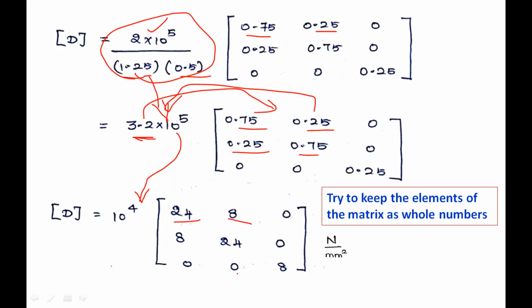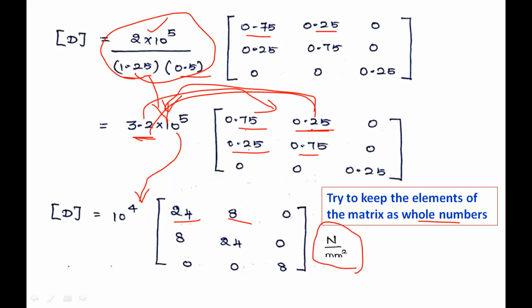This is one way of making the elements of the matrix whole number. Why we are making it to whole number means to make the product of matrix easy. Otherwise when you take the 0.25 outside this matrix, we will get a 3 1 1 3, here we will get 1. That will be also another way of making the elements of the matrix as the whole number. Now the unit for the D matrix is Newton per mm square.